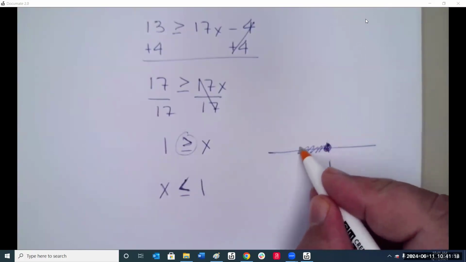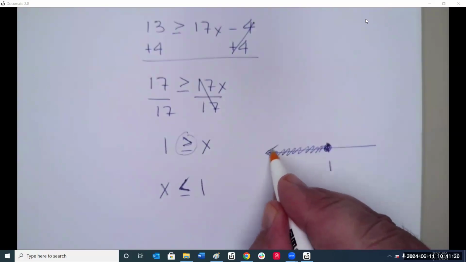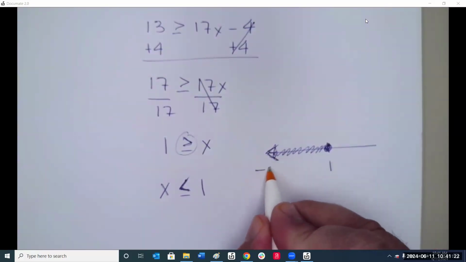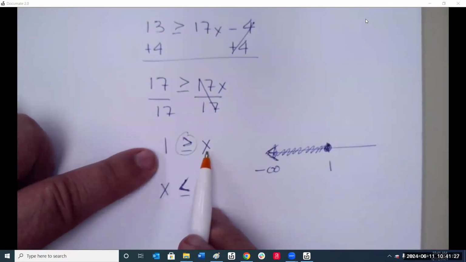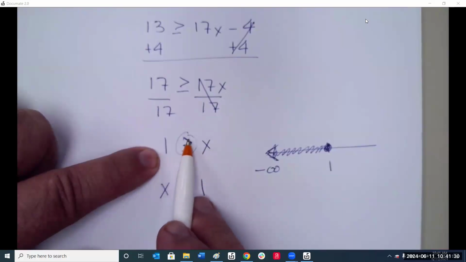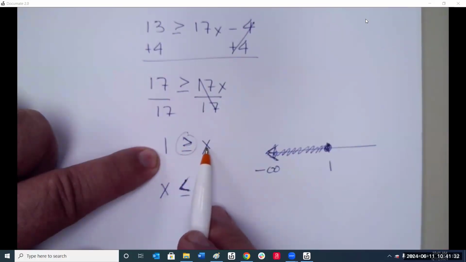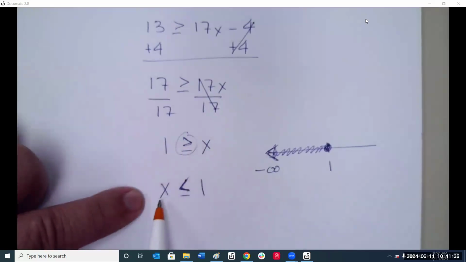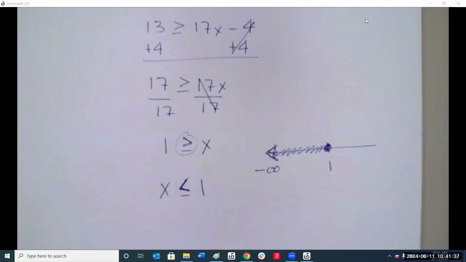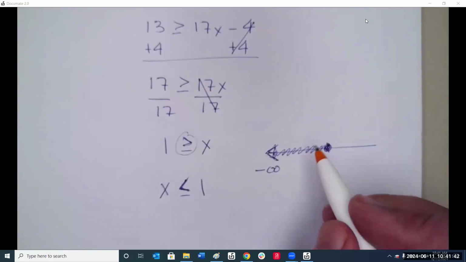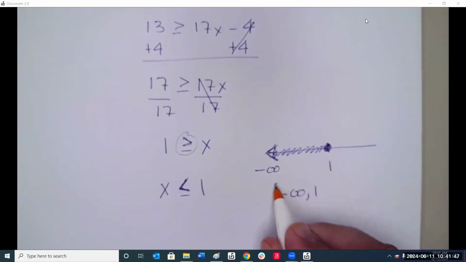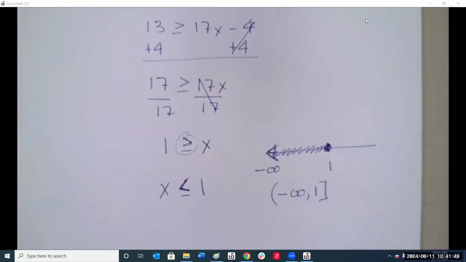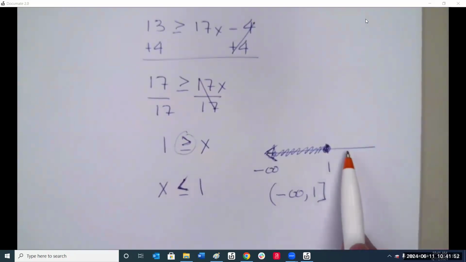It's pointing to the left. 1 is greater than x is the same thing as x is less than 1. So that means my answers are from negative infinity to 1, parenthesis and a bracket. Those are my answers in interval notation and graphing.